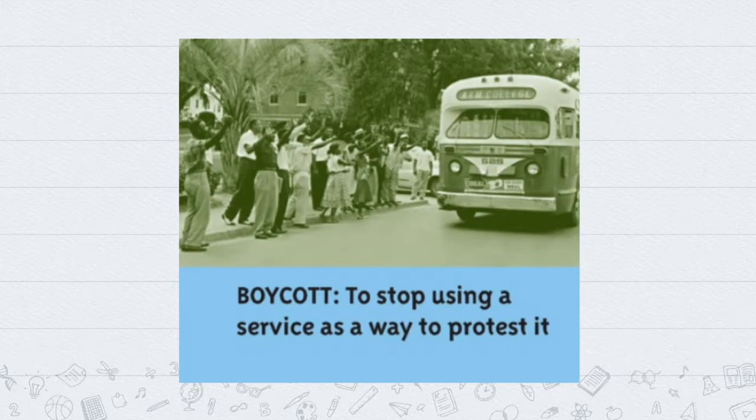So for example, if you look at the picture, we just talked about how Black people were not allowed in front of the buses back in the day. So what did they do? They organized boycotts. They decided to stop using buses so the bus companies would hurt because they're not making a lot of money anymore. So all the Black and brown people would just walk all over the place.